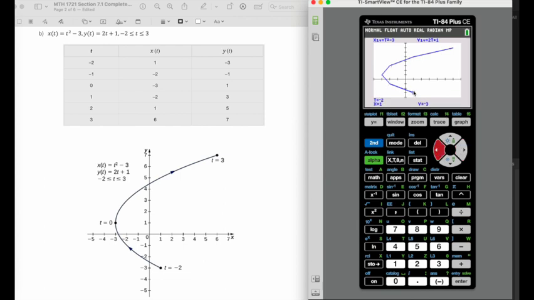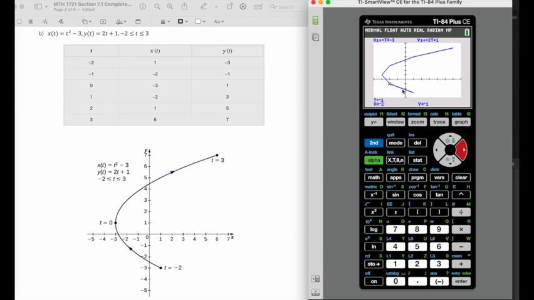So if we start at the beginning, notice because I set my window to do steps of 1 for t, that means every time I trace, it's going to hop to each of those steps. So in other words, when I hit this arrow to trace, to go to the next point, it's going to hop from -2 to -1.